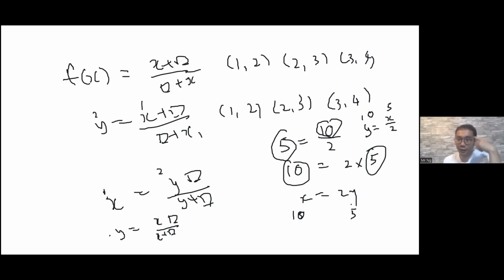Did I do something wrong? I think I did. So the x and x will still be the x and the y will still be the y. I hope you understand what I'm saying.